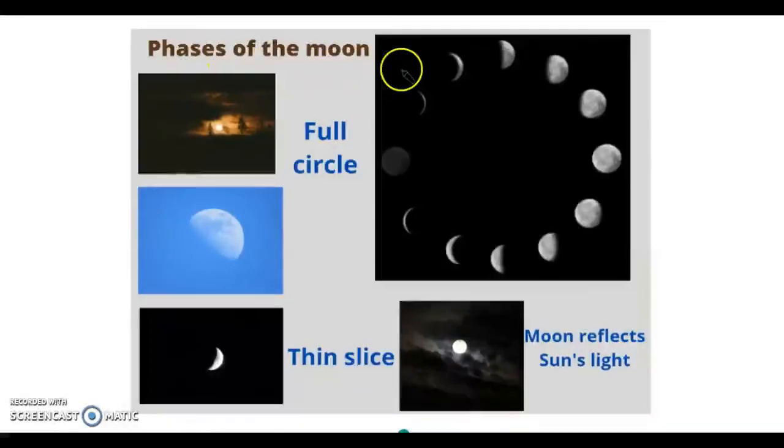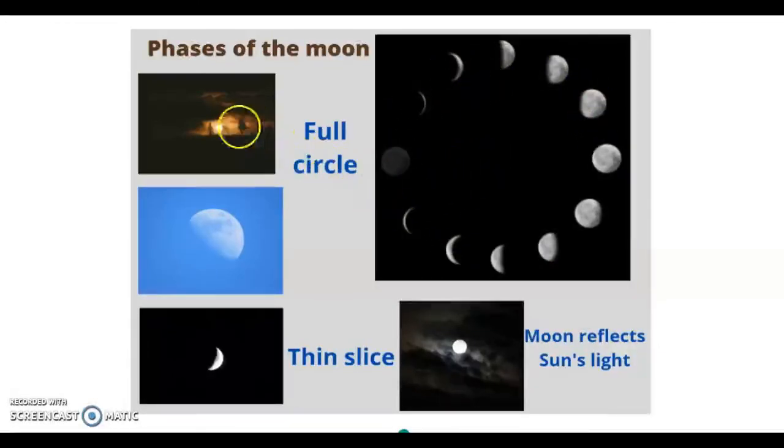Next, here we learn about the phases of the moon. What are the phases of the moon? You can see here different parts, different shapes of the moon. Why is it happening? Why can we see so many types of the moon?